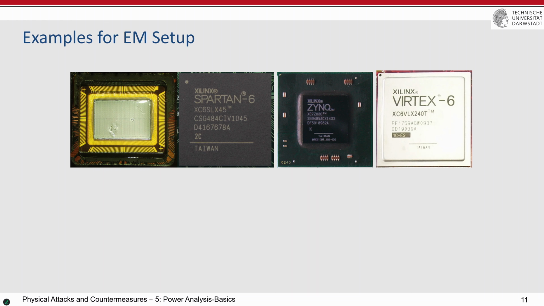Then what you can do, you can, of course, put the EM probe at the top of this chip. But if you remove the package and you are closer to the chip, you get a better signal, of course, because, again, a bit of electronics. Activity inside the chip will make a field, an electromagnetic field. And when you want to measure the electromagnetic field, you should be close to the field.